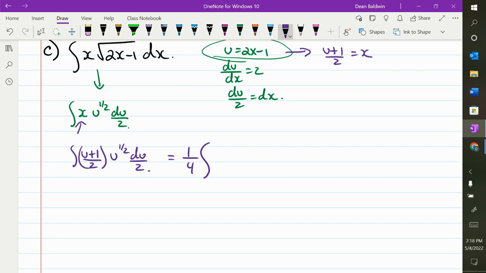Now, I don't want brackets. How do I get rid of the brackets? Grade 9. Distribute it. Okay? What's u to the half times u?